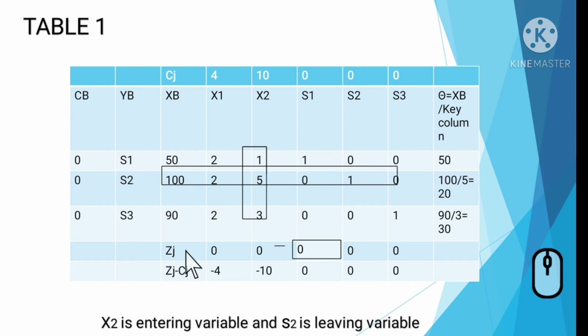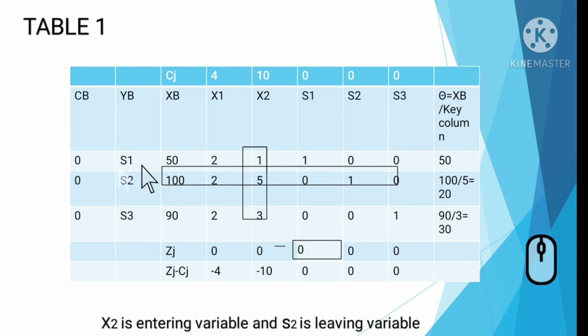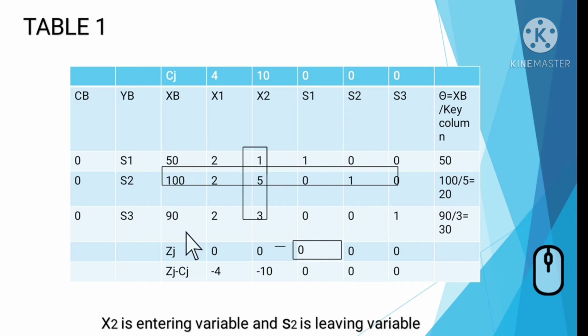Now we are going to find Zj. Zj is nothing but the multiplication of the CB column with these columns, first multiplying the CB column with the x1 column: 0 into 2 plus 0 into 2 plus 0 into 2.